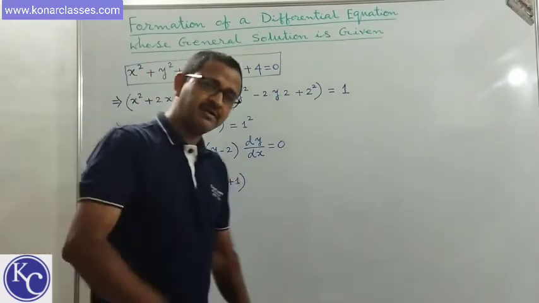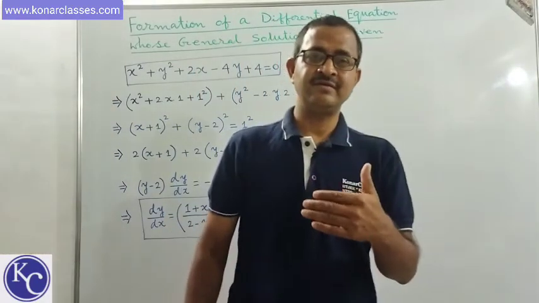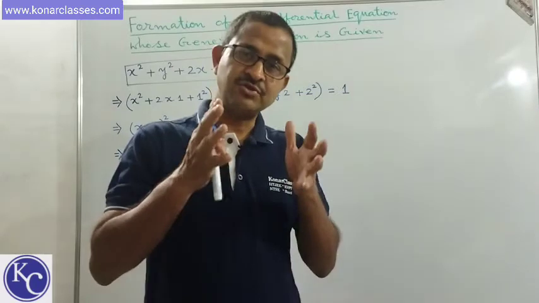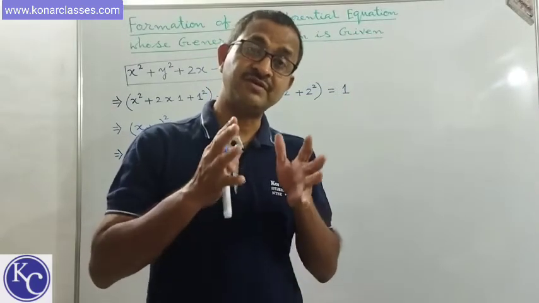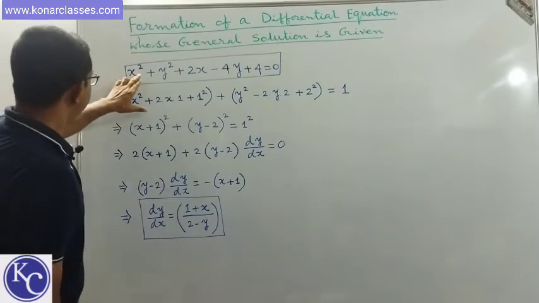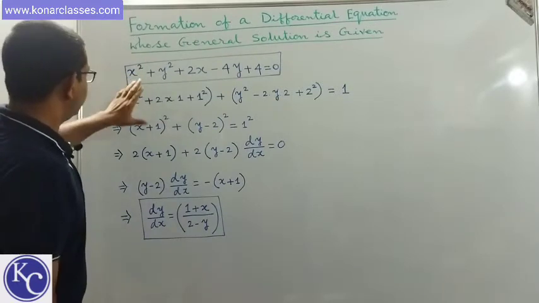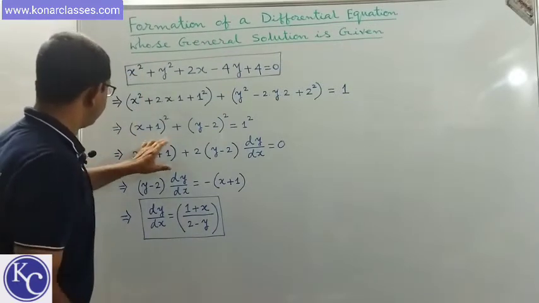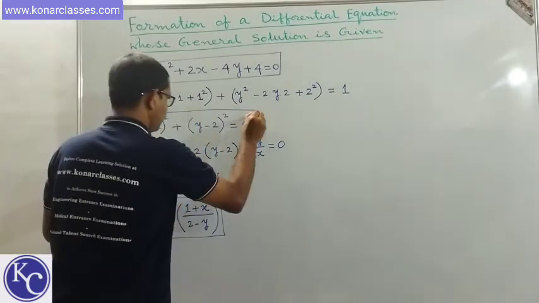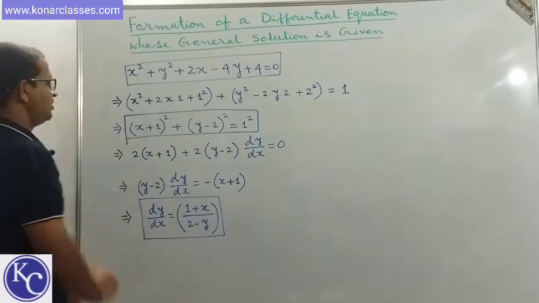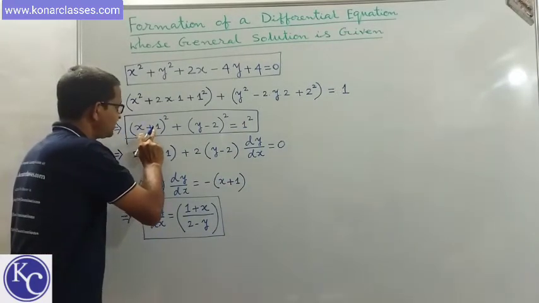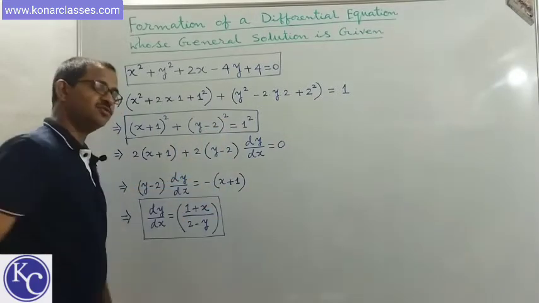As you remember, in the earlier classes I mentioned what a solution to a differential equation is. A solution to a differential equation represents a family of curves. Here we have a circle with center at the point minus 1 comma 2 and radius 1 unit.